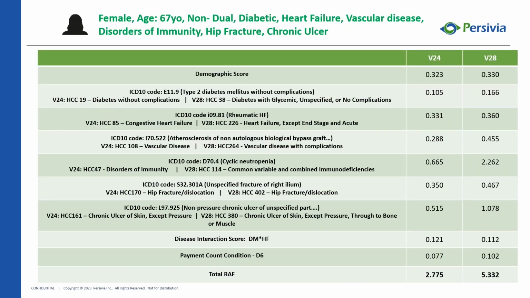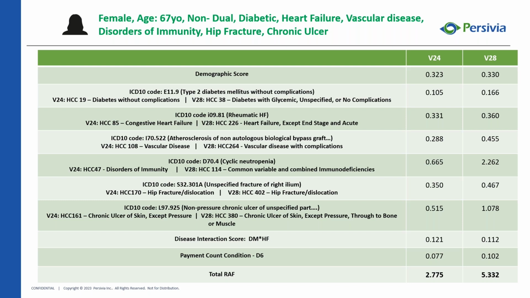Okay, so in this example, the patient has 6 HCCs, and the total RAF under version 28 is twice as high. We can see 5.332. I just wanted to point out that generally the RAFs or HCCs under version 28 are higher, and that's because of the recent data being used. Instead of using the 2014 and 2015 data, it is now using the 2018 and 2019 data.